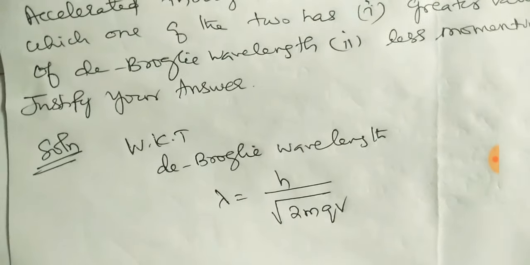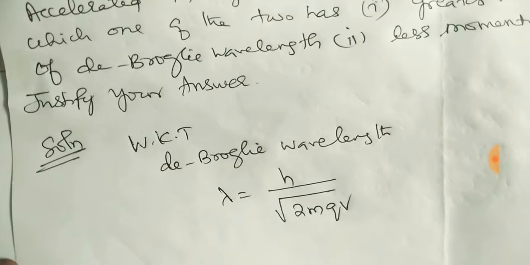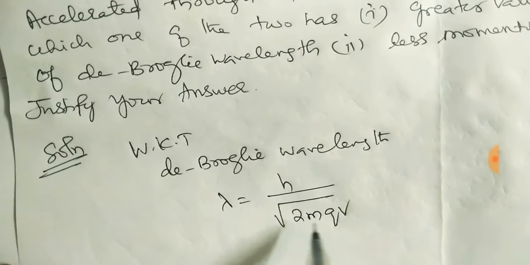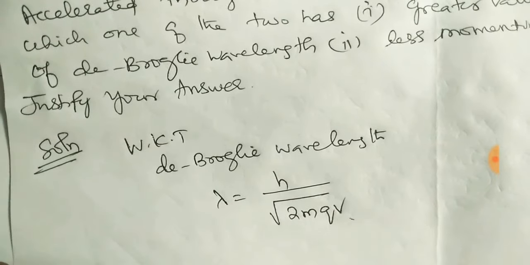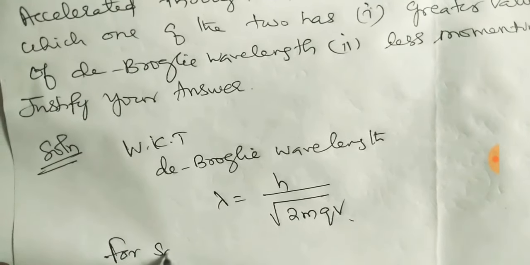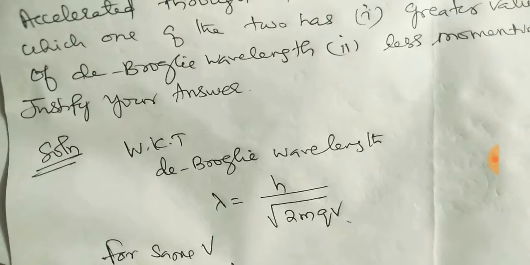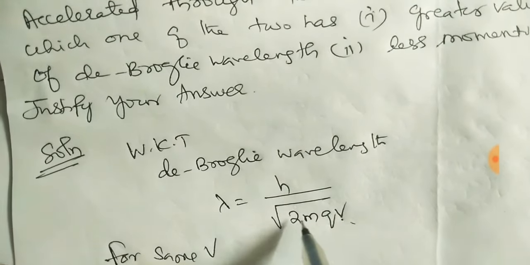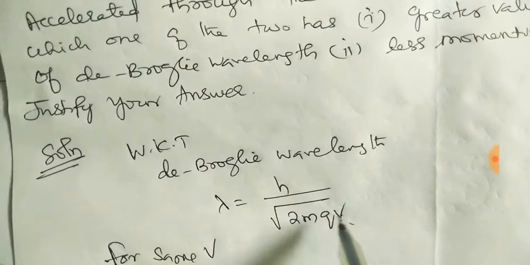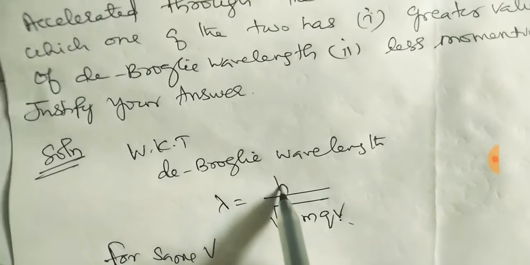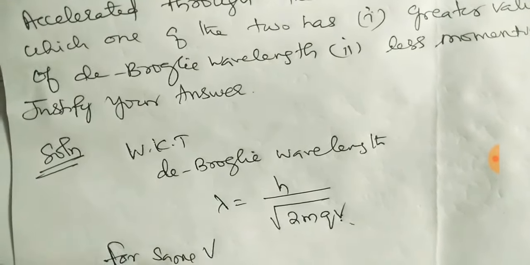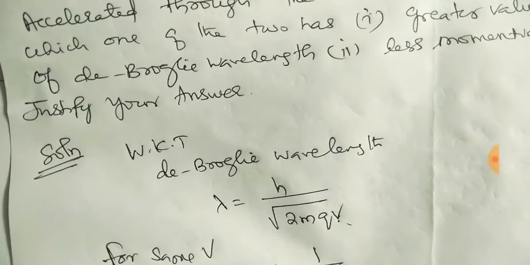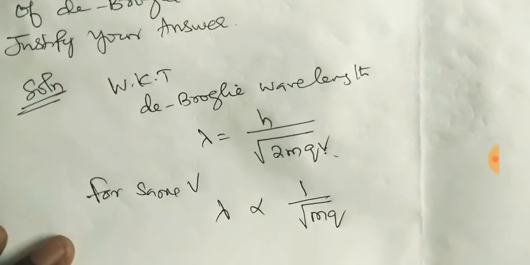Here, generally we can write the charge as q; for an electron it is 2meV. For the same V, V is constant, 2 is constant, h is a constant, so lambda is inversely proportional to root of mq. We can write it like that.